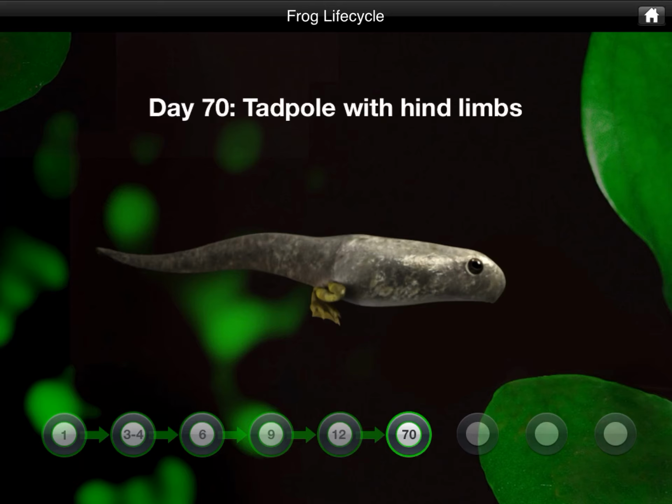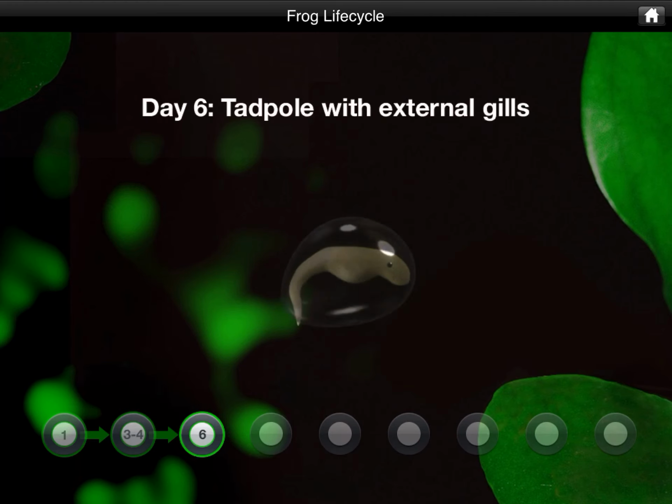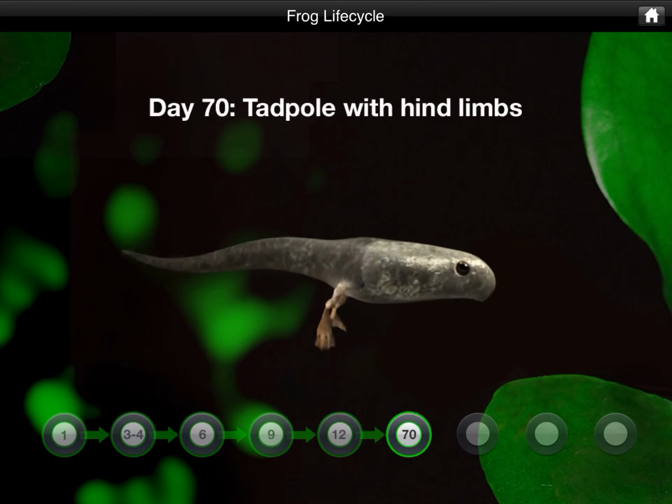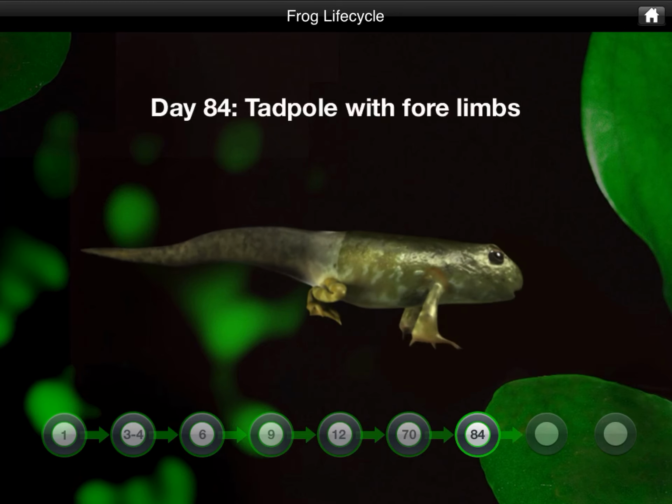Frogs live in water and out of water, and that's what makes them an amphibian. They can breathe out of the water with lungs. So at this stage, they're growing their lungs. Then they grow their other front legs.